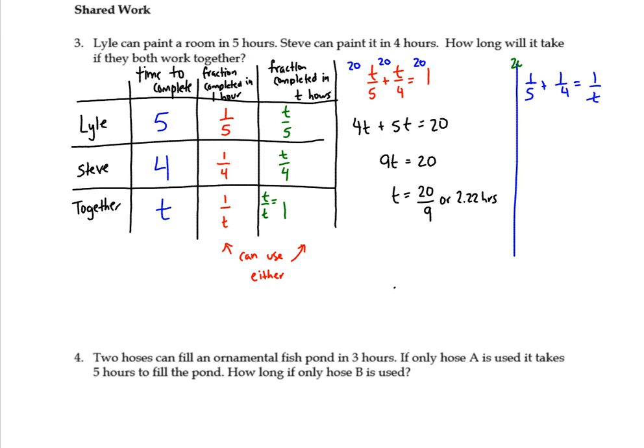It would be 20t. I'd multiply each term by 20t. It would give me 4t plus 5t equals 20. 9t equals 20, t equals 20 over 9. So that's if I use the other column. It doesn't matter which one you use. It'll give you the same answer.